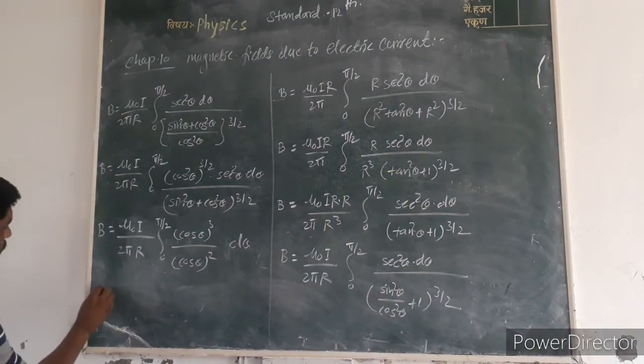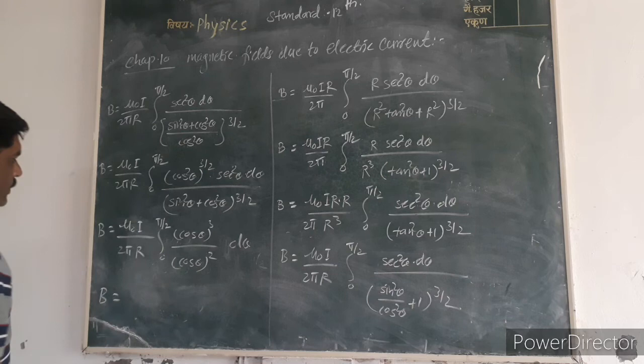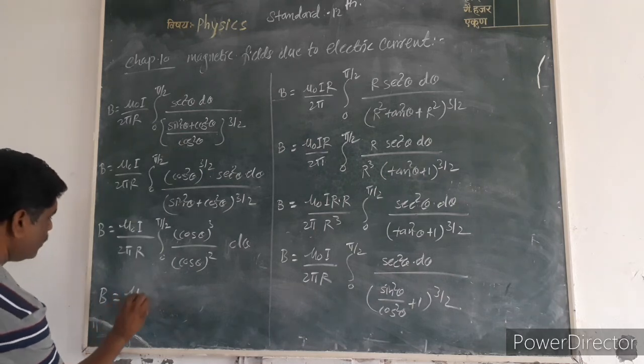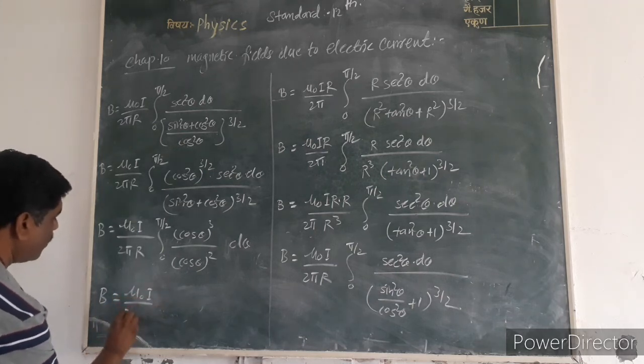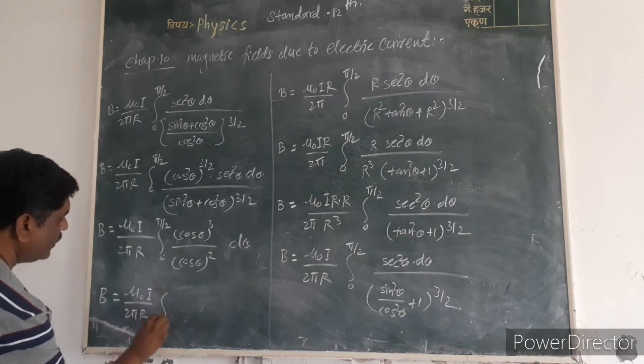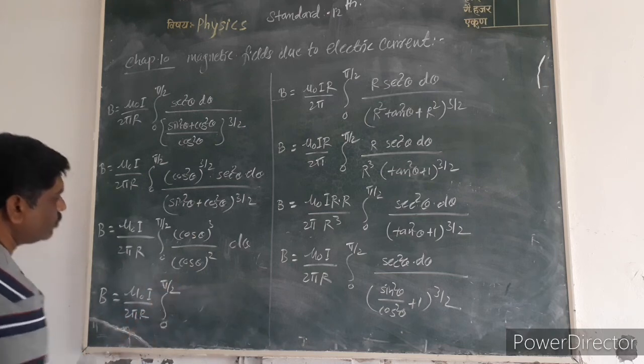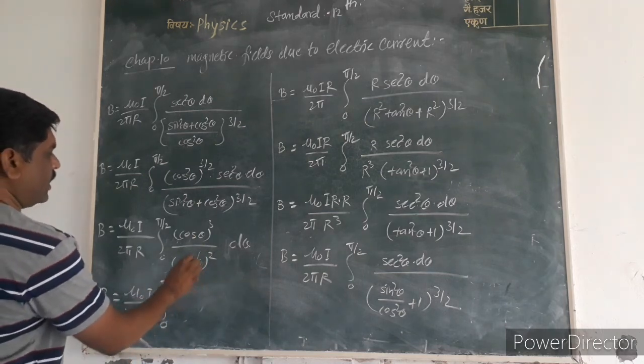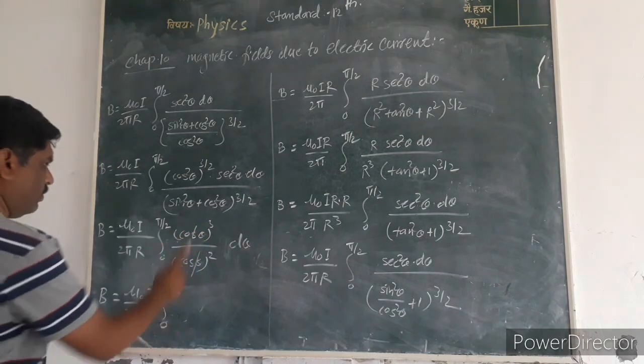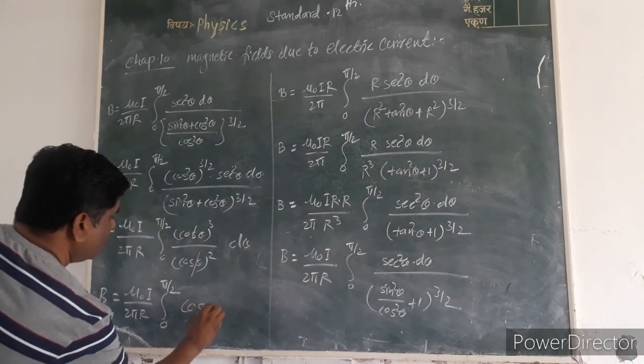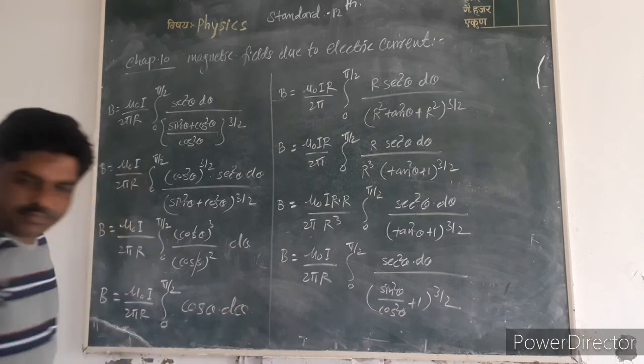B is equal to mu 0 I upon 2 pi r, integration 0 to pi by 2, cos theta, 1 remaining, cos theta into d theta.